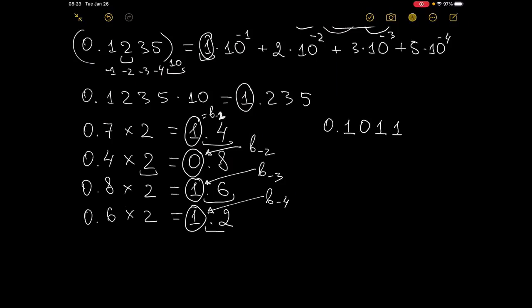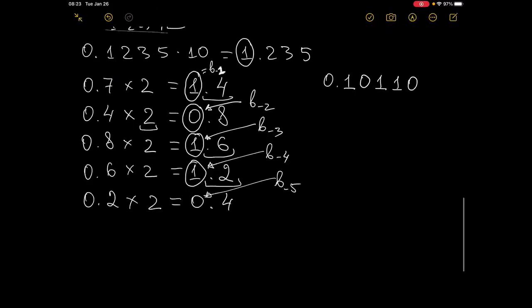Next, we take this 0.2 multiplied by 2, and we're getting 0.4. So this is nothing else but our b negative 5. So 1, 0, 0, 0. But after that, this is what you get.